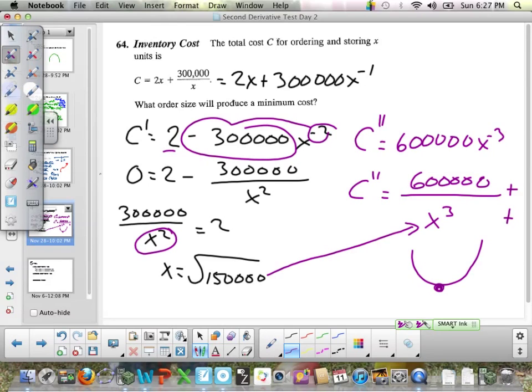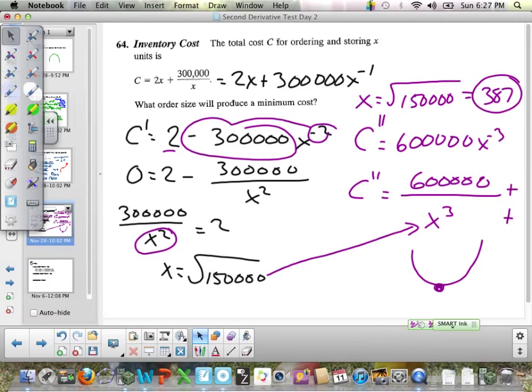The minimum occurs at the square root of 150,000 units, which you can calculate out. The square root of 150,000 is about 387 units. So 387 units will produce a minimum cost.